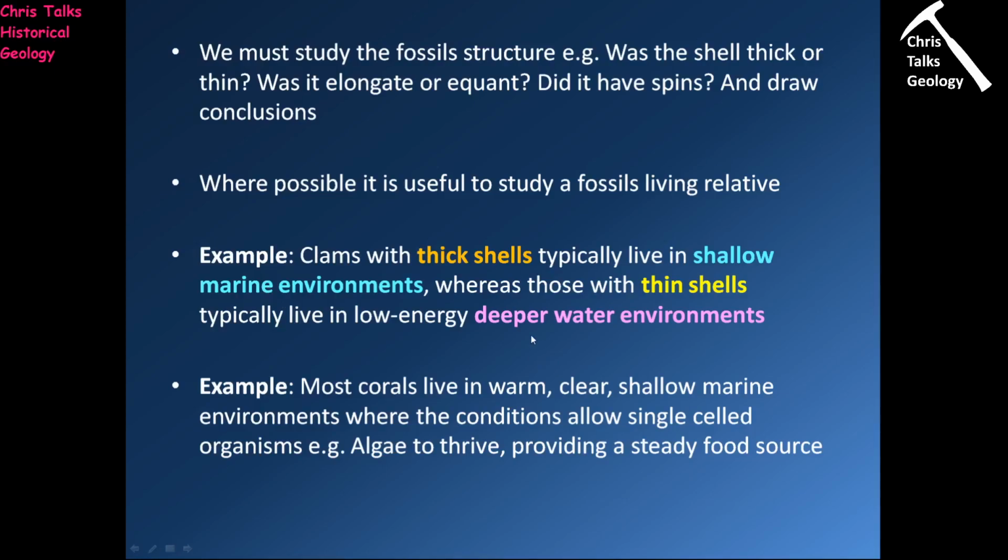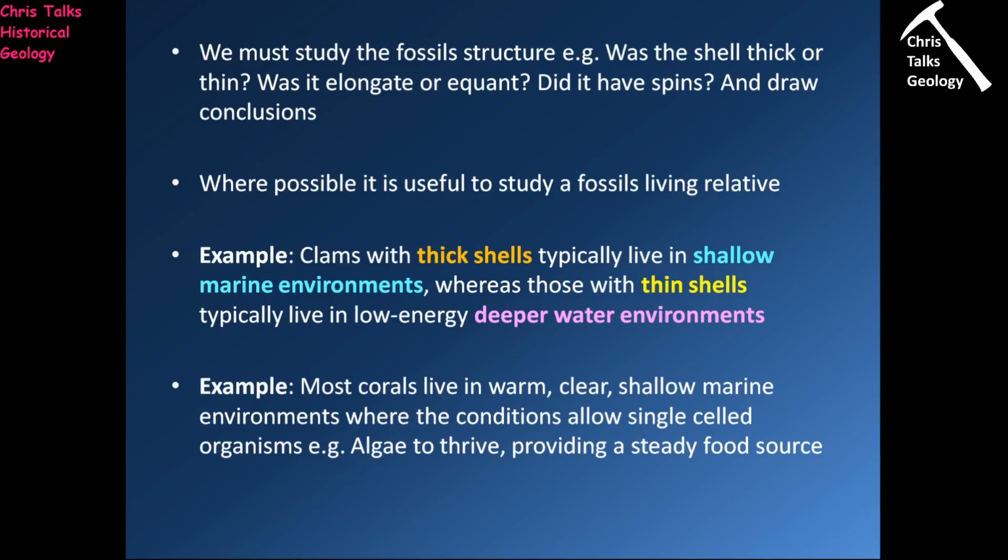In contrast, if you're a clam that lives in deep, cold water, so a very low energy environment, think of something like the abyssal plain, for instance, in those environments you're obviously going to have a much lower rate of predation. So in that instance, is it really worth expending your energy on producing a big, thick shell?